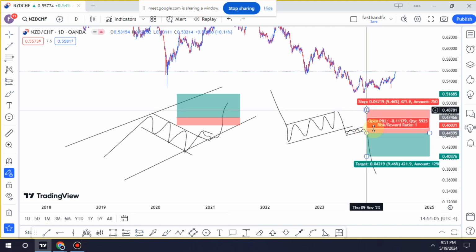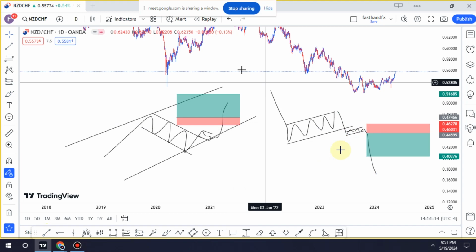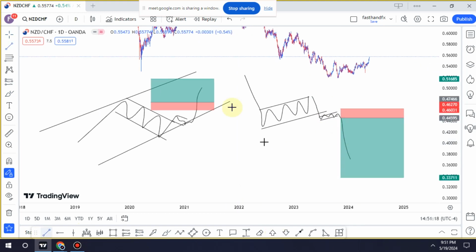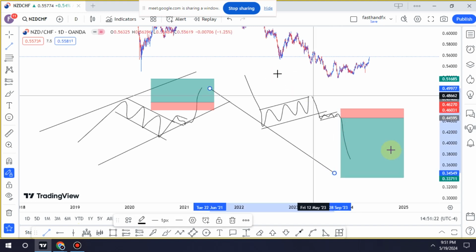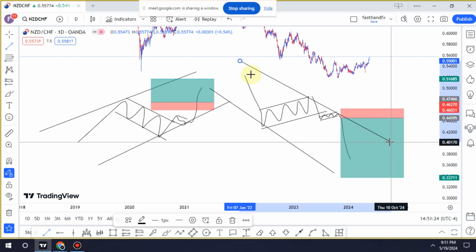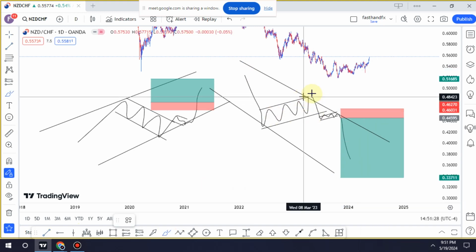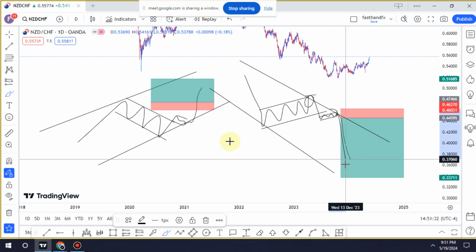And guess what, don't have your stop loss above where price reversed from. Have your stop loss above the smaller bearish flag. Make sure that you take your sell position only when price hits this resistance level. I hope you guys got that.